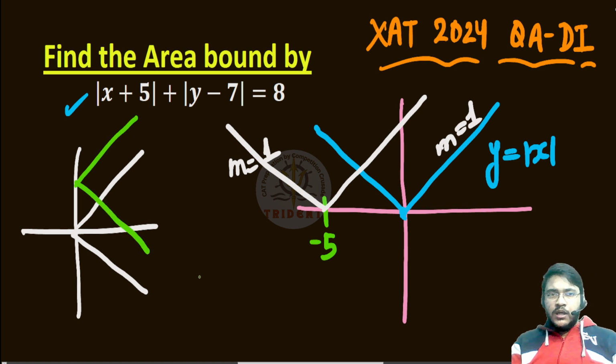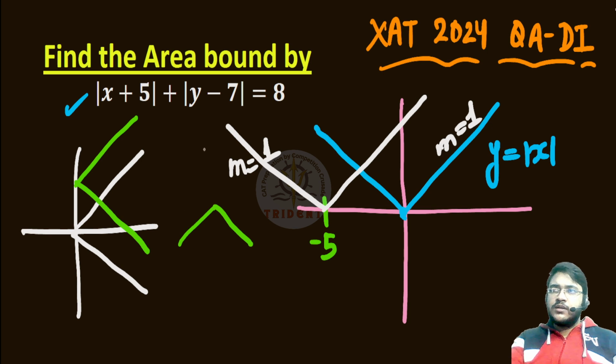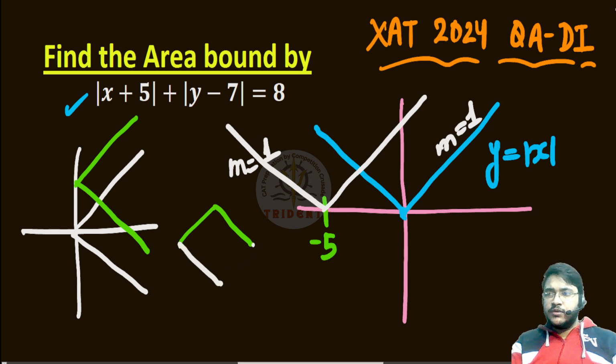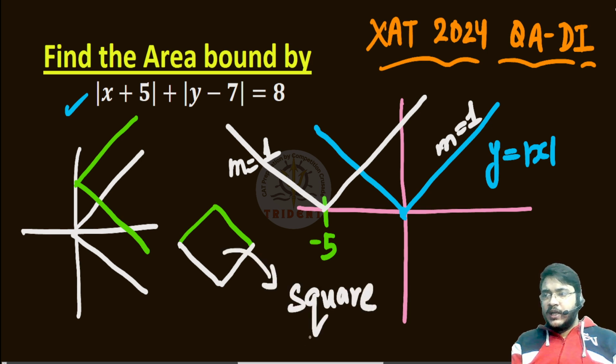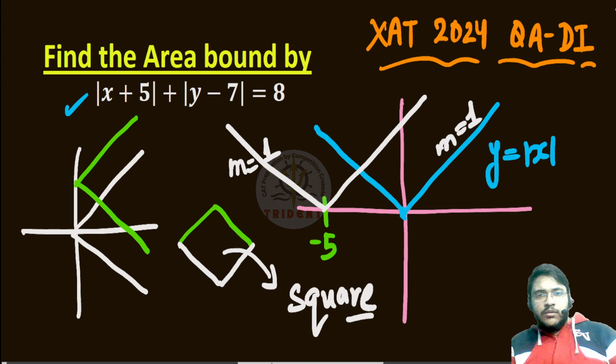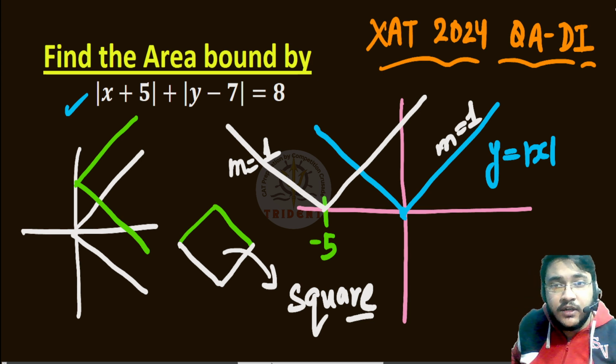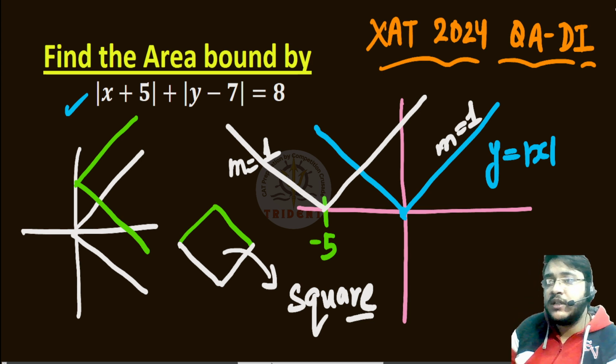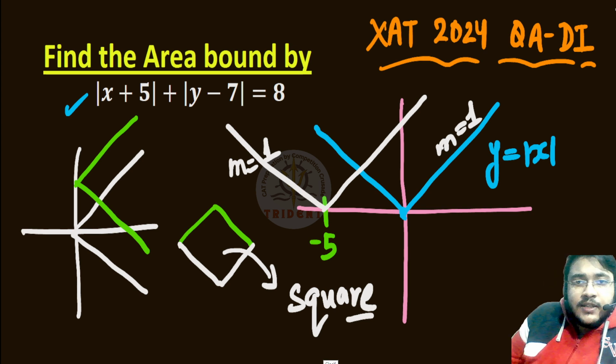As a matter of fact, these intersecting lines for mod x and mod y will bound an area like this. This is a square. How is it a square? I'll explain ahead, but it is a square. And if we can somehow get to the side of the square or the diagonals of the square, we can predict so many things. So let's get going.